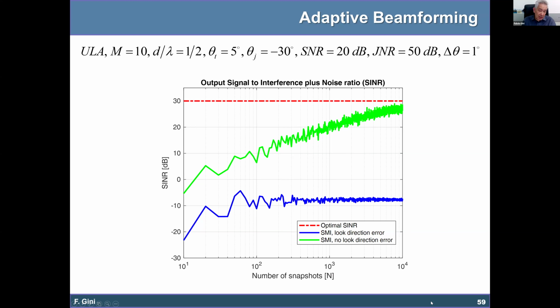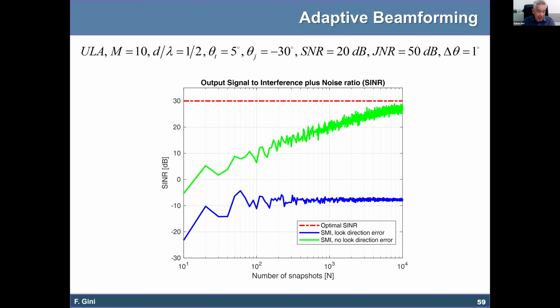So you can understand that we should introduce some robustness in our adaptive beamformer exactly because we expect a look direction error to be always present, because you steer the beam in a finite number of directions.